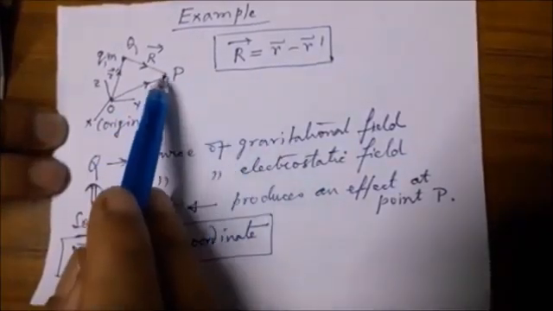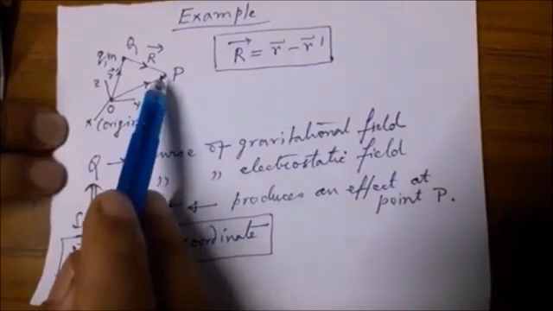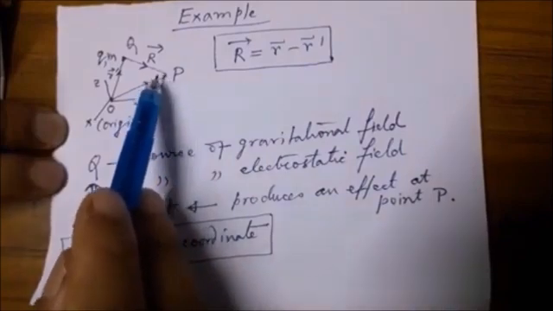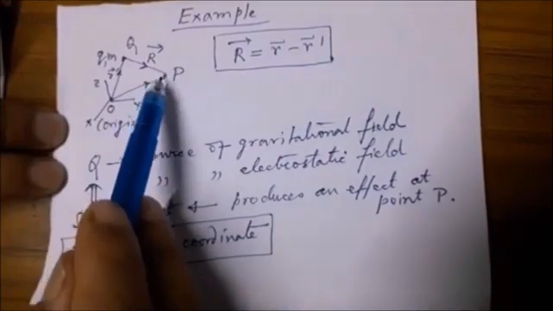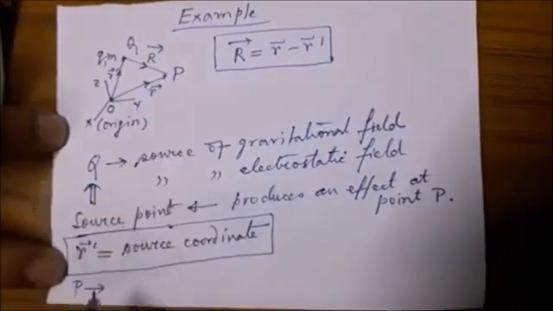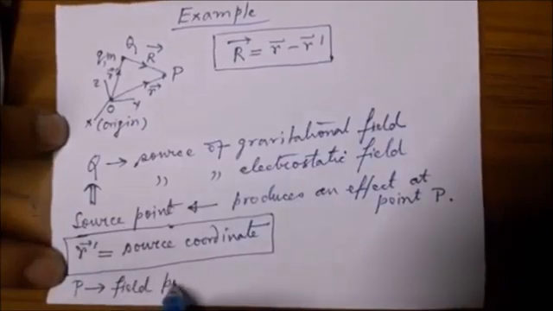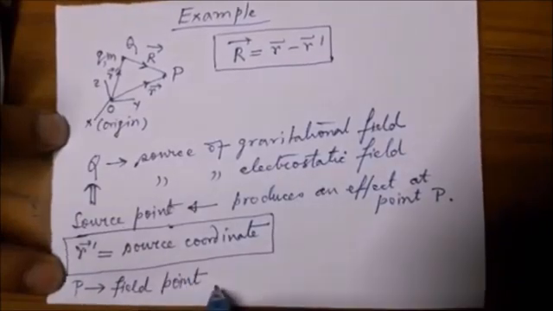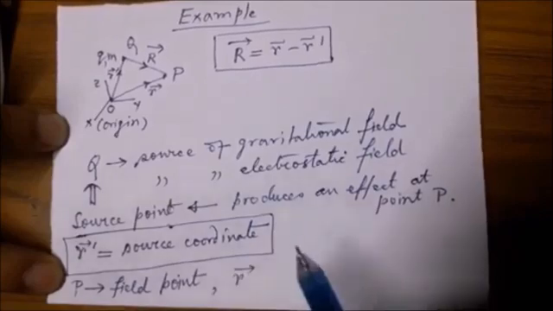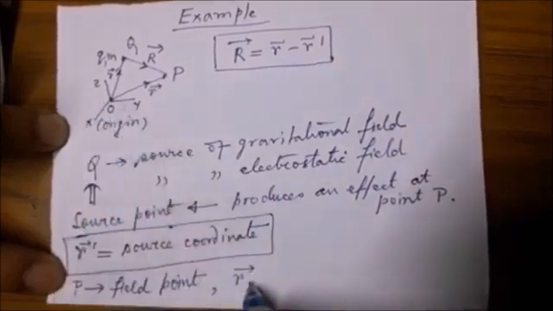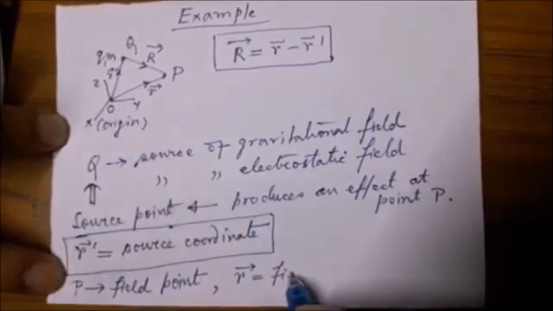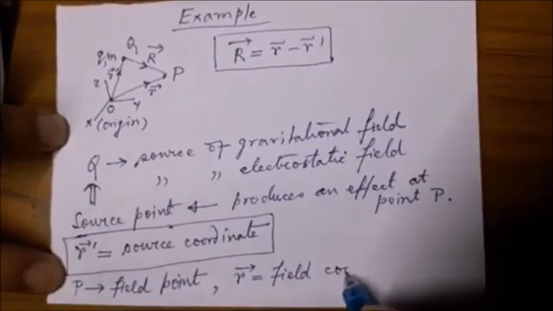So P is the field point because here electrostatic field is produced, gravitational field is produced. P is the field point. And vector r, which is the coordinate of P, is called the field coordinate.